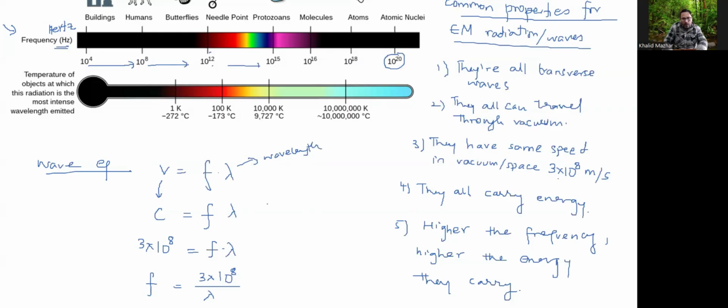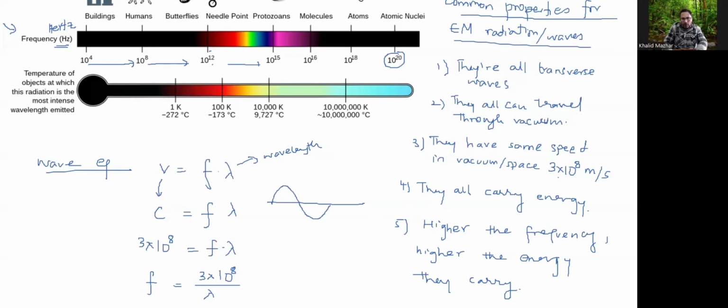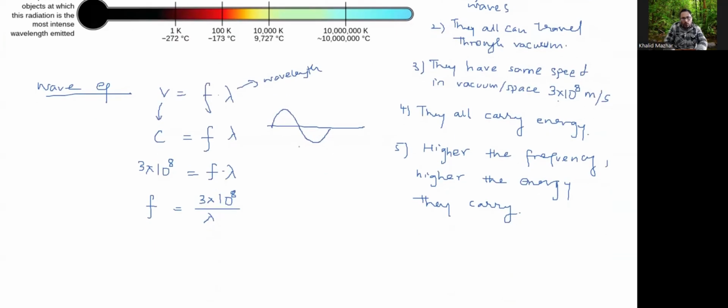So the wavelength, if you look at the wave, this is the wave we usually represent with. If you stretch it more, if this whole length is bigger, that's a higher wavelength.